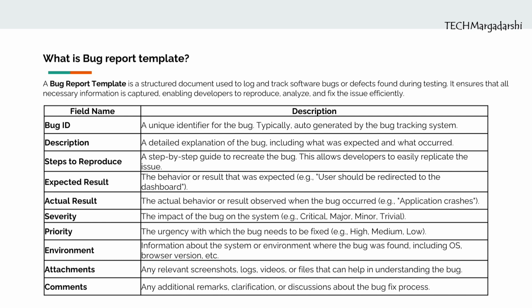Attachments, screenshots, logs or videos that help in understanding the bug better. 10. Comments, any extra notes, clarifications, or discussions about the bug or its fix. So, a bug report template helps testers provide complete information and makes developers' work much easier in reproducing and fixing the issue.